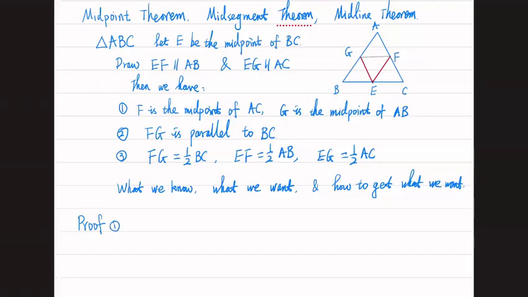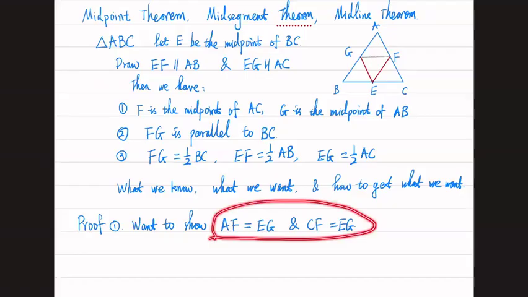For the first one, to target what we wanted to prove: AF equals EG and CF equals EG. Okay, so if we can prove these two identities, then AF and CF both equal EG, so they have the same length.